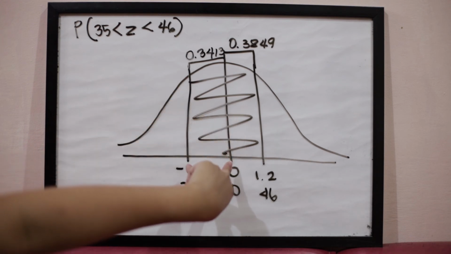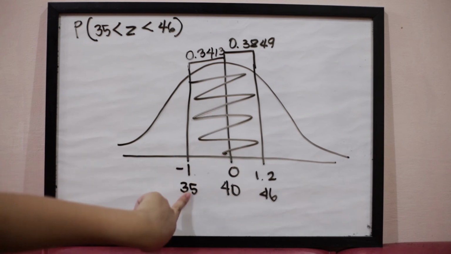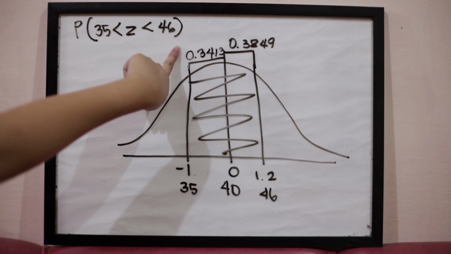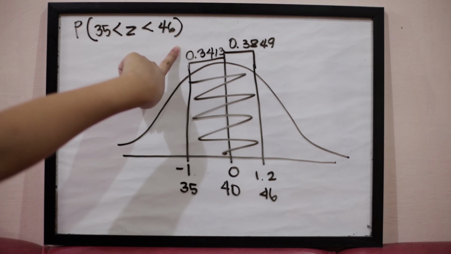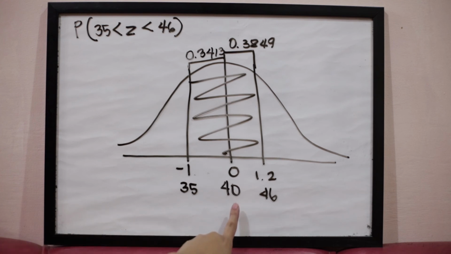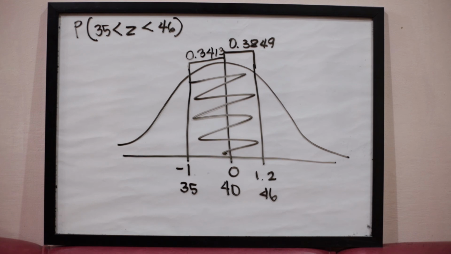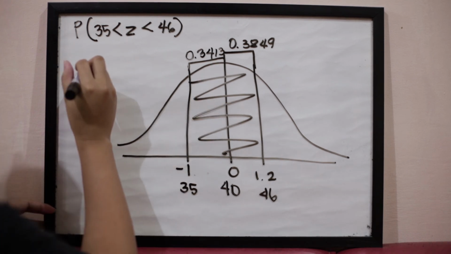Because the shaded part from 40 to 35 is the reflected area from the table, and the shaded region from 40 to 46 is also the reflected area from the table. So, all we have to do is add those two numbers.